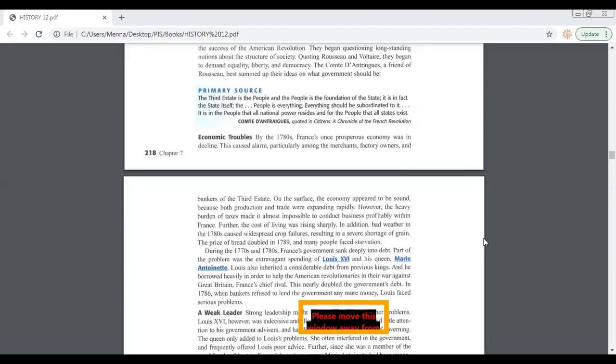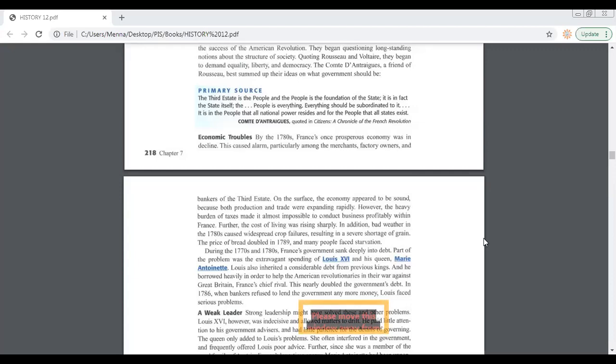The second thing that happened was that the cost of living started increasing. What we buy and where we live and what we do, the crops, everything started increasing. The third reason was that the bad weather caused crop failure.